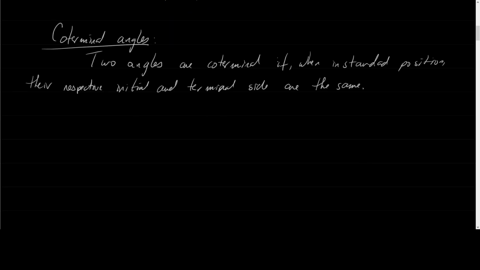Let's see. I'm going to put here two angles in standard position. Let's say this right here is my first angle. Remember, standard position means you have to start at the x-axis. That's the angle that we have there. If I measure it this way, I'm going to call it theta.